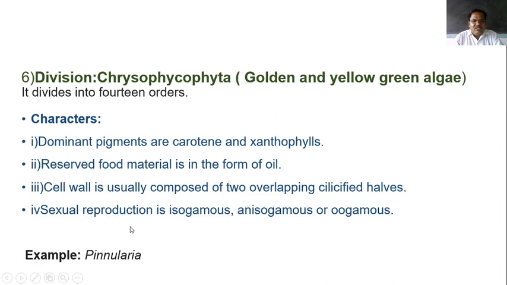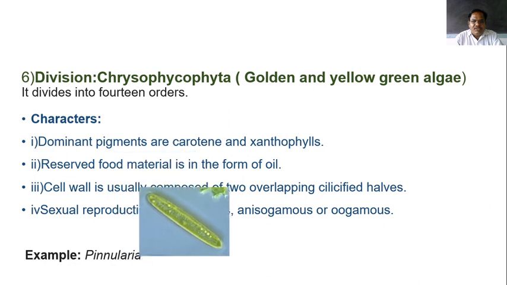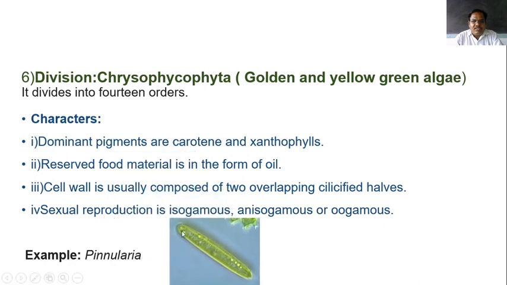Sexual reproduction is isogamous, anisogamous, or oogamous, just like I told you. A well known example of this one is diatoms, known as Pinnularia. Pinnularia is the example of this one.